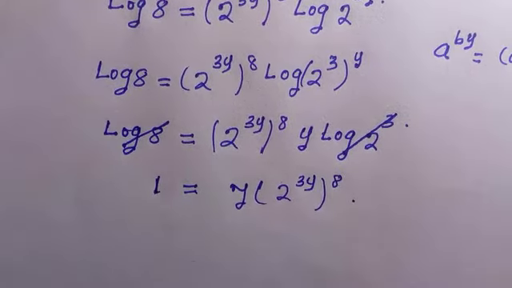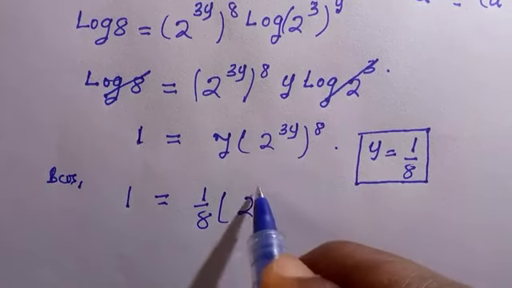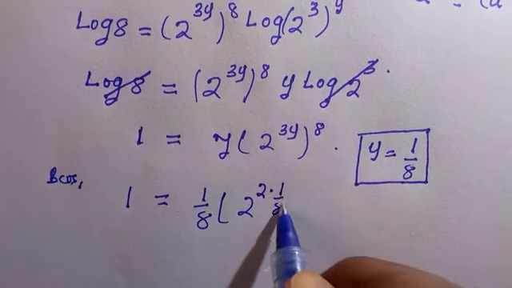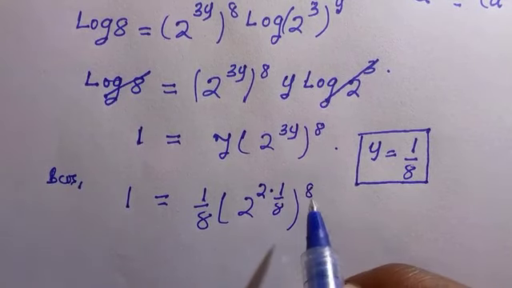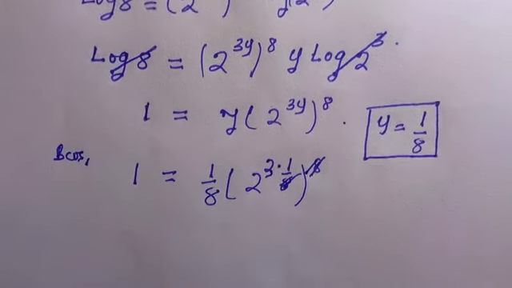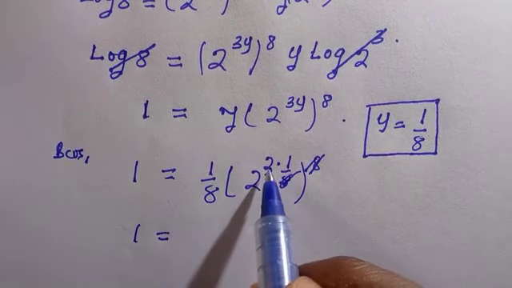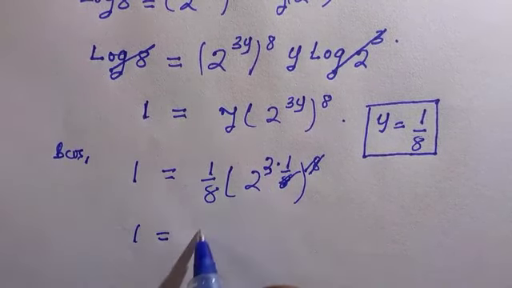I want to check if the left hand side will equal the right hand side, as in equals 1. Since y is 1 over 8, we have 2 raised to the power of 3 raised to the power 1 over 8, and the 8 cancels 8. Then 2 raised to the power 3 is 8, divided by 8, that is 1. So my assumption is right, y equals 1 divided by 8.